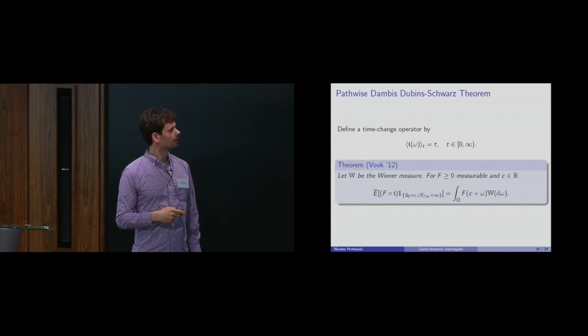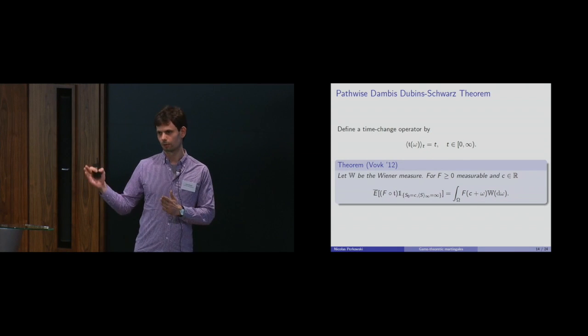So Wolf defines this time change operator, which turns the quadratic variation at time t into t, so it makes the quadratic variation linear.